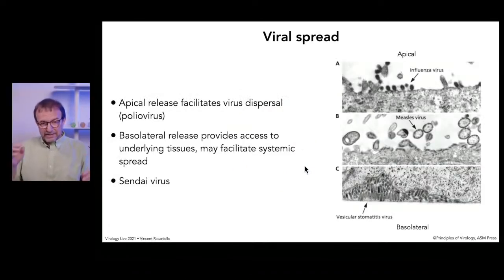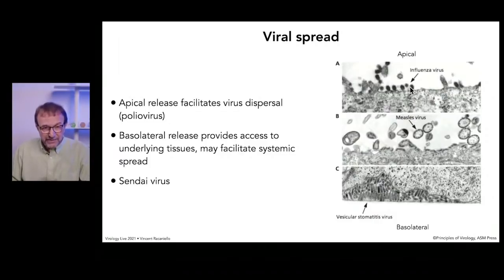Now, breaking down the basement membrane isn't enough. The virus, to spread, needs to be able to come out of the basolateral domain, the bottom layer of the epithelial cells. For example, here are 3 electron micrographs of epithelial cells infected with 3 different viruses. Apical release means the virus is only released by budding, in this case influenza virus, from the top of these epithelial cells.